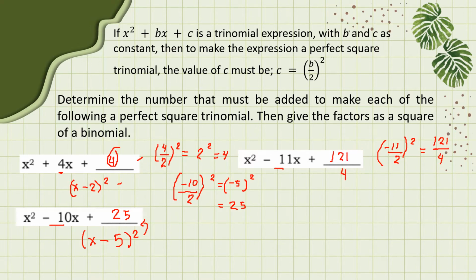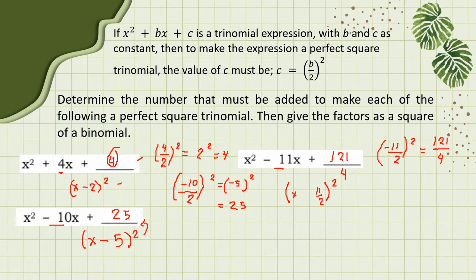So paano po ito magiging square of binomial? Gawa ng parenthesis, tapos square. Square root of the first term, that is x, is x. And then square root ng last term, 121 over 4, that is 11 over 2.